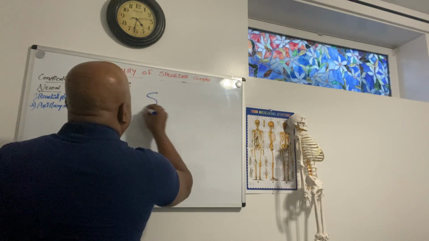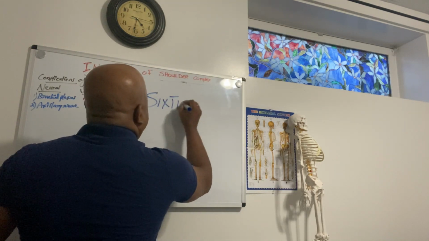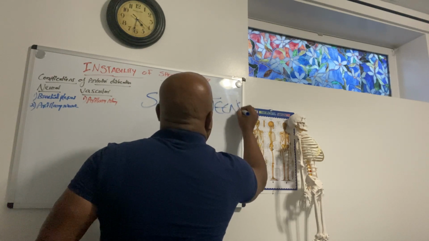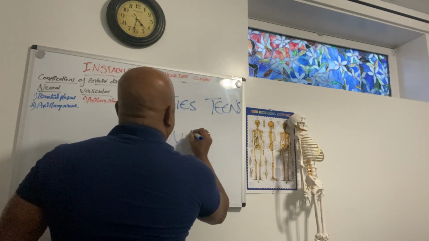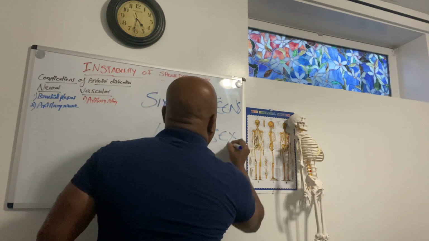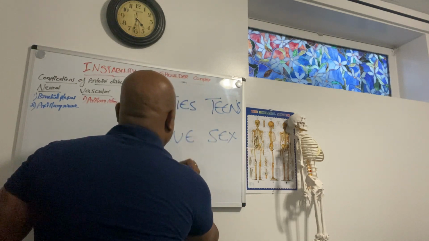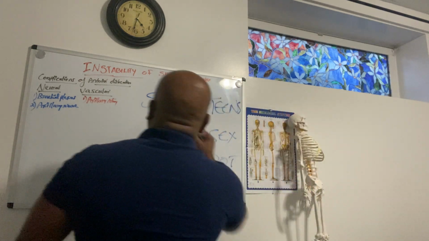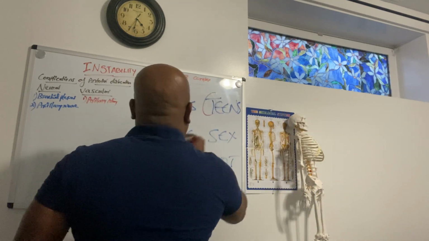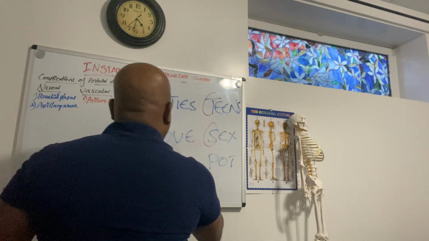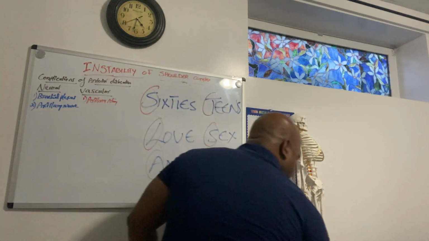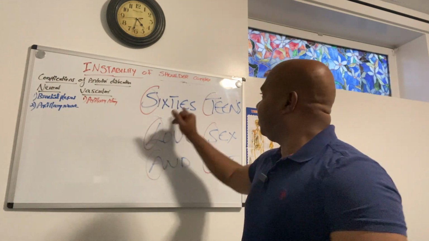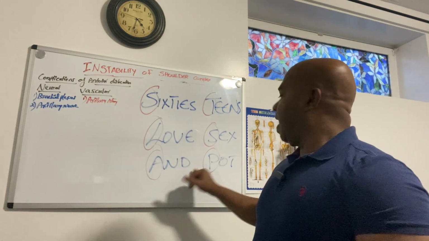That is: Screw The Lawyer Save A Patient. These are the branches of the axillary artery.